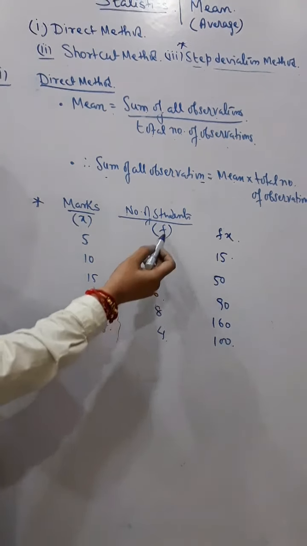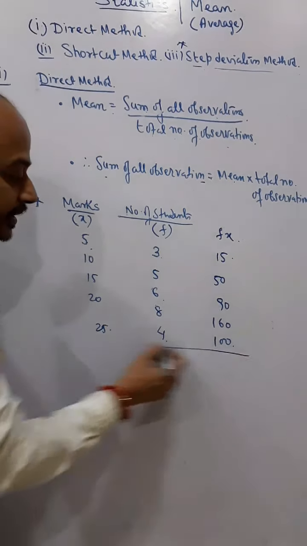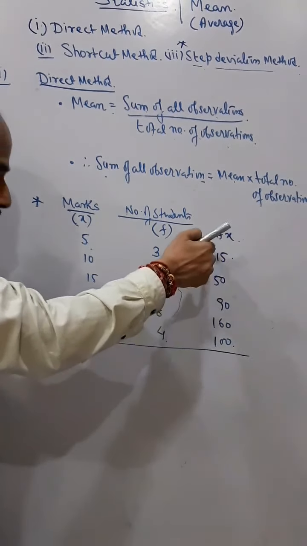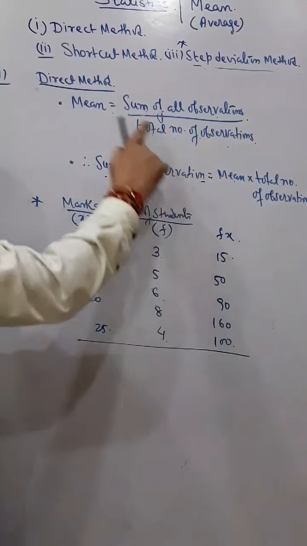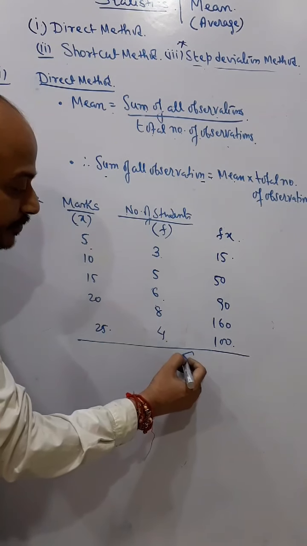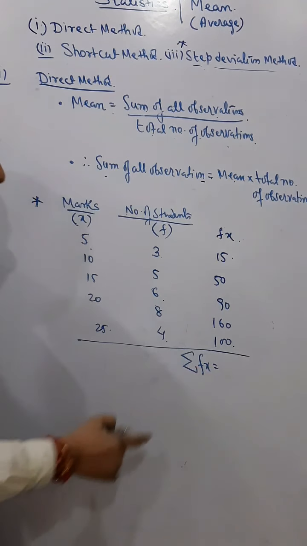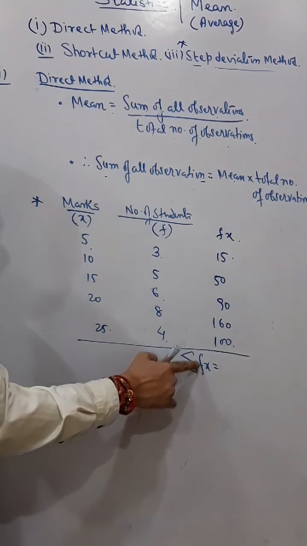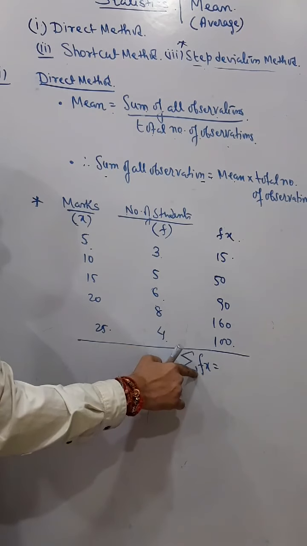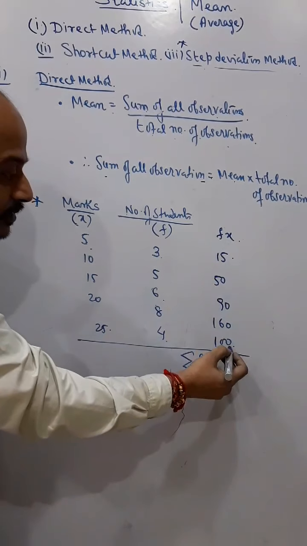So we are doing fx to get this total, and finally we find the total of this. We get the sum of all observations, and symbolically we write it as sigma fx. Sigma means summation, so this is the summation of fx. We will find this total.